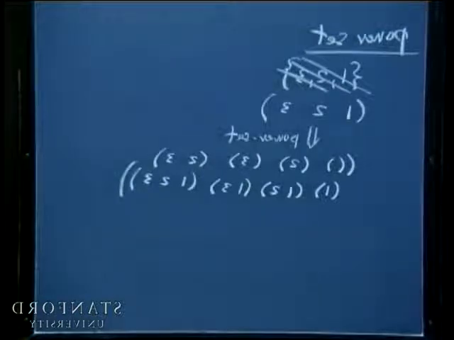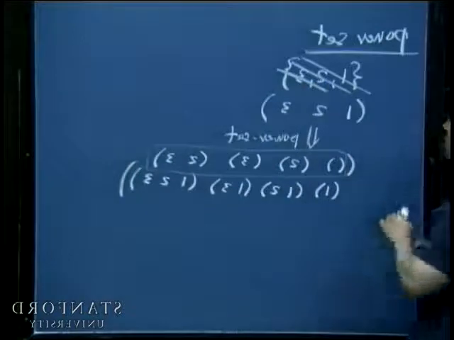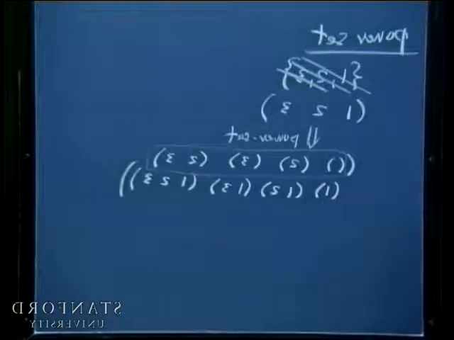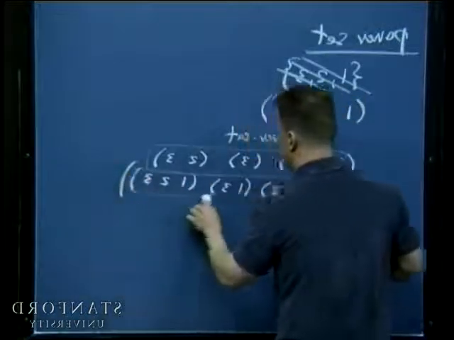Now the reason I drew it this way is I'm trying to make it clear what recursive structure I'm going to exploit by my implementation. We all agree that those are all the subsets that exclude the 1. Does that make sense? These are all the subsets that include the 1.